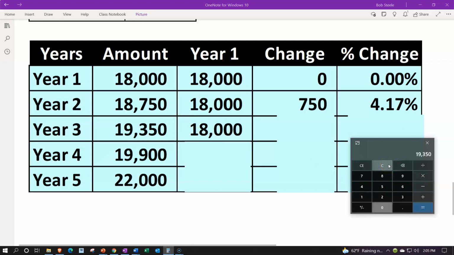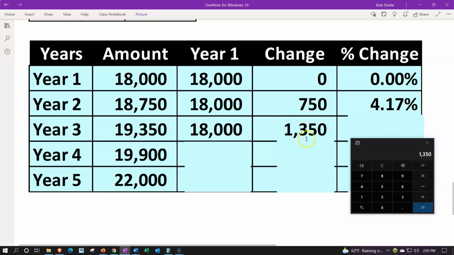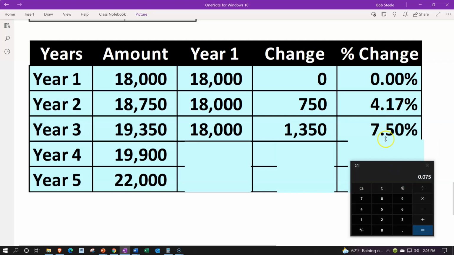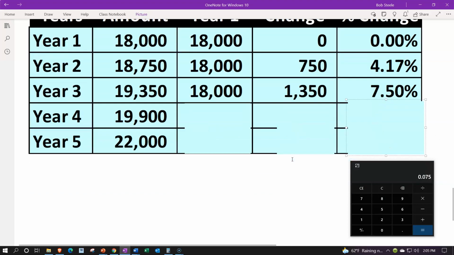So now we've got the 19,350 minus the 18,000. That gives us our 1,350. Taking that divided by the base year, 18,000, is going to give us 0.075 or 7.5%.